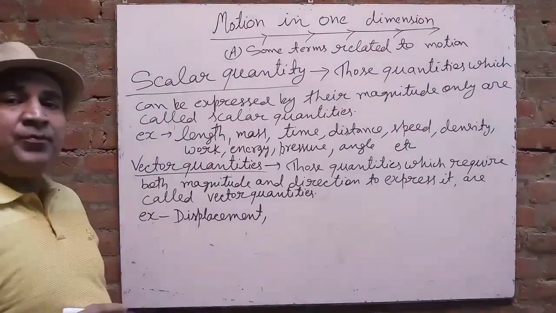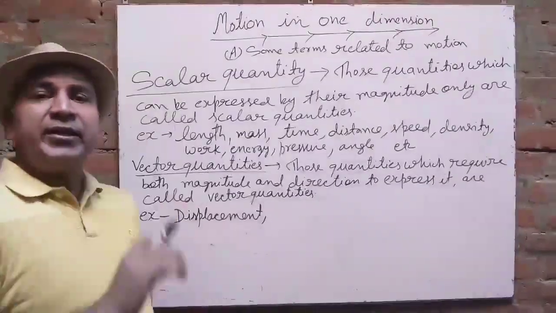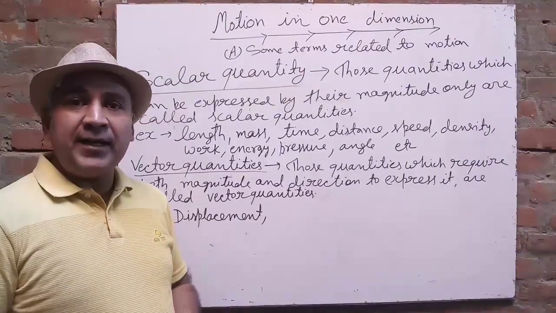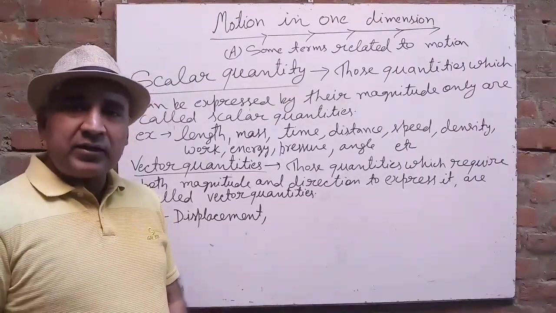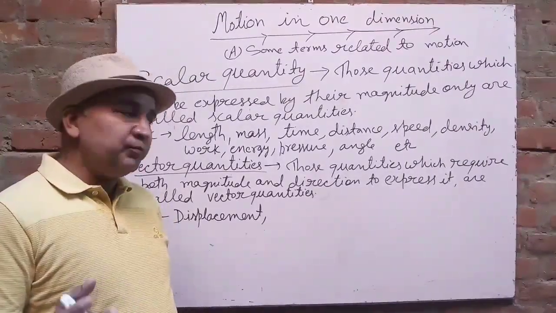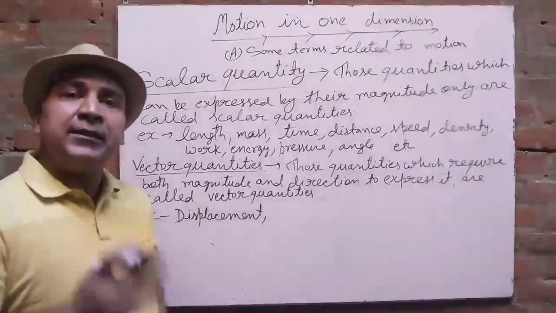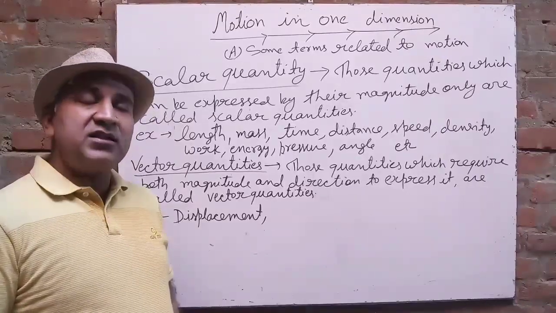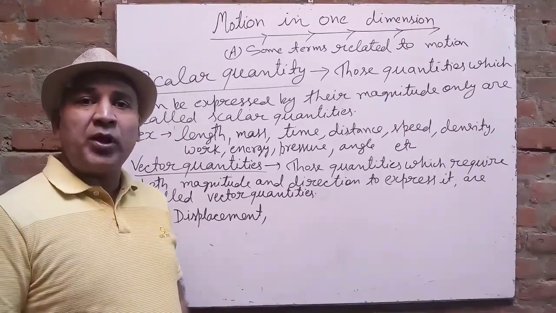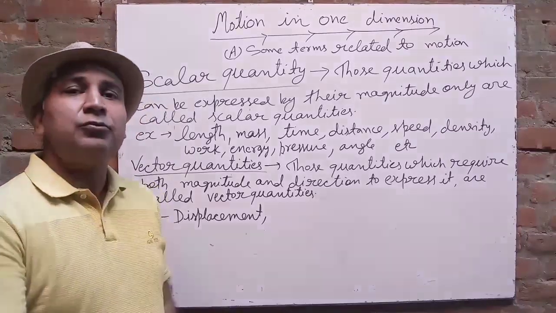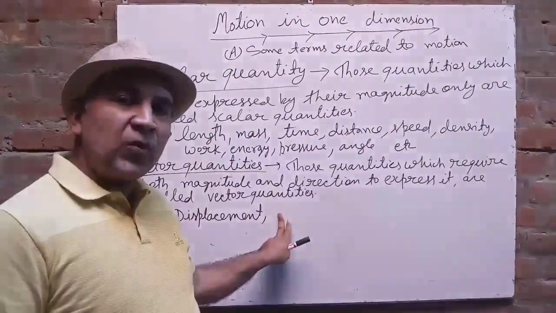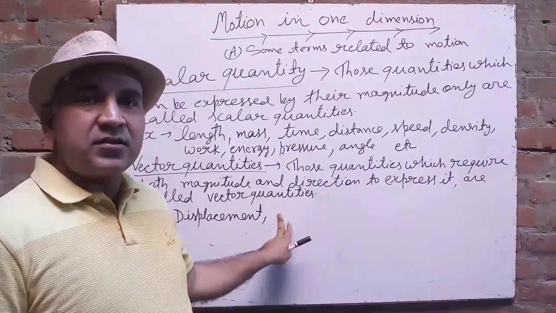See one more example. Suppose I ask you to apply 10 Newton force. Now you will wait. Where to apply? In which direction to apply? If I say only to apply 10 Newton force, the meaning is not clear. Something is missing here, and that missing point is direction. Now suppose I say you apply 10 Newton force on the board. Now the meaning is clear.